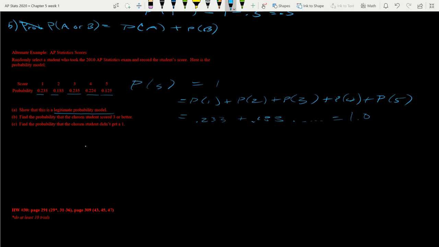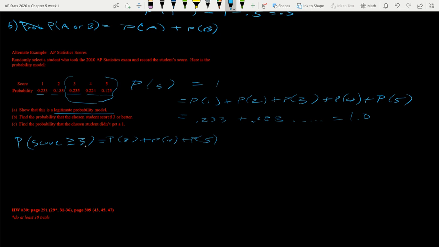So then we look at this and say, find the probability that a student scored 3 or better. So find the probability that the score is greater than or equal to 3. Well, that's the probability that you get a 3 plus the probability that you get a 4 plus the probability that you get a 5.